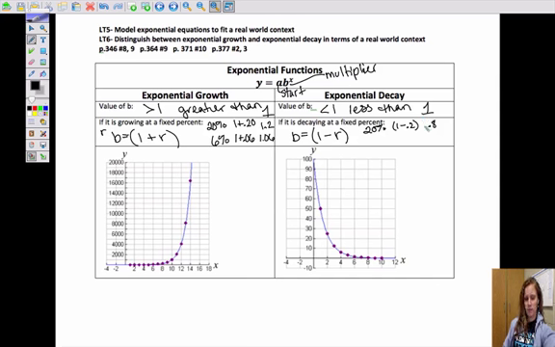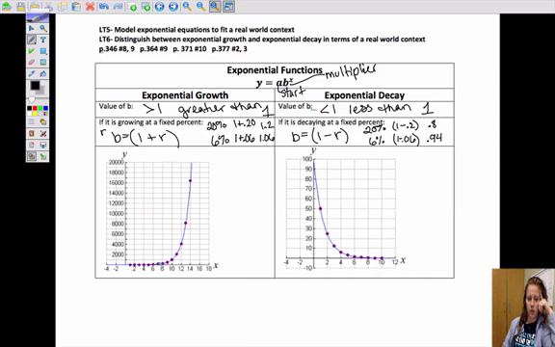In the same way, if we were decaying by 6%, then we'd take 1 minus 0.06, and we'd be keeping 0.94 or 94% of our current price.